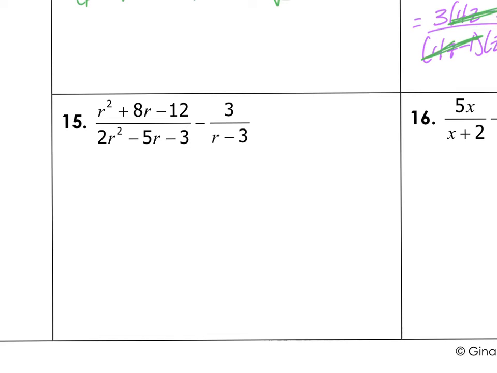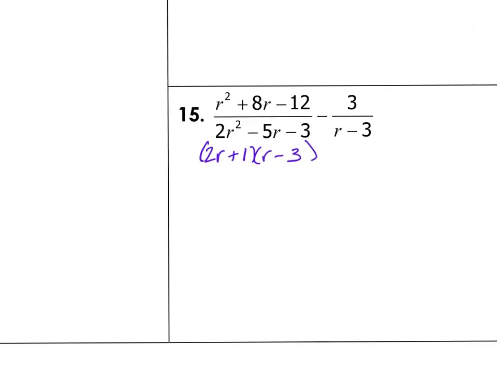Okay, 2 more problems and we're going to be done. Here we go. So I need to factor the bottom here. And I know that it's going to be 2r and r. And I'm pretty sure that it's going to be minus 3, and then this would be plus 1. But I'm going to check because I have space over here.